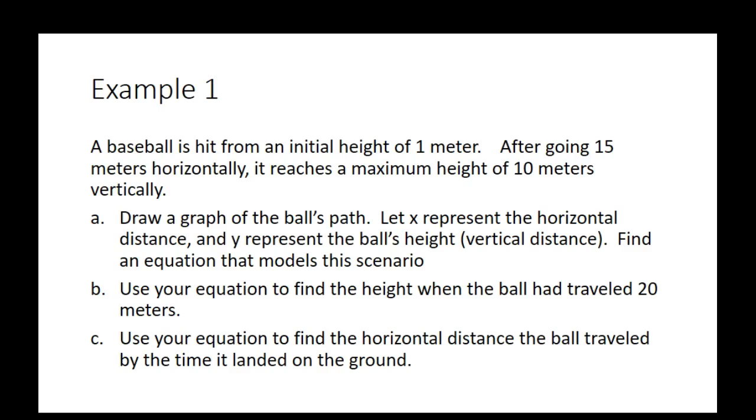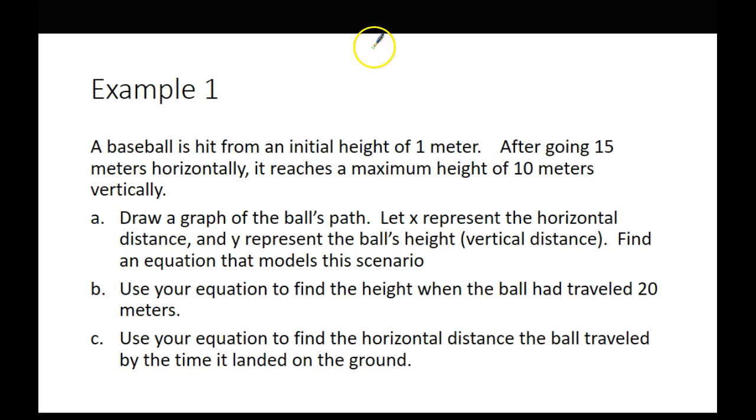So we're going to draw that picture. That's what part 1 says here. We're going to let x represent the horizontal distance, and let y represent the vertical distance. So let's fill out part A on your worksheet. We're going to make a graph. The y-axis represents the height of the ball, and the x-axis represents the distance of the ball.